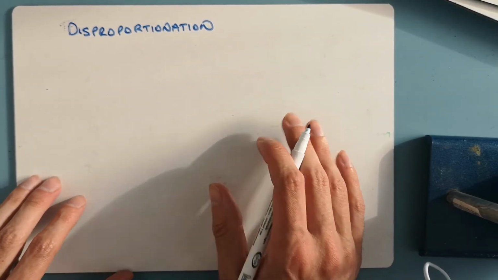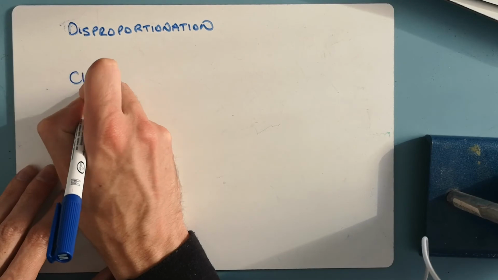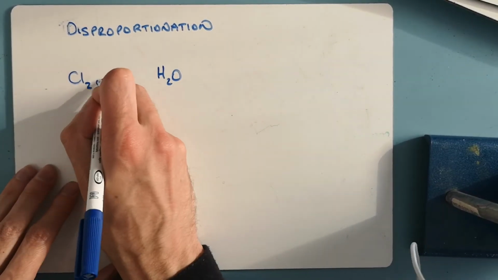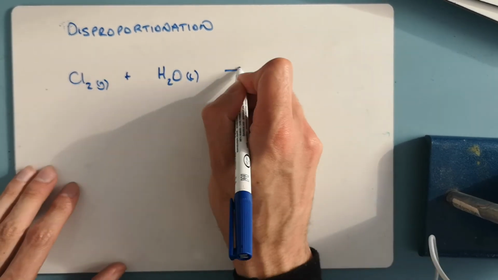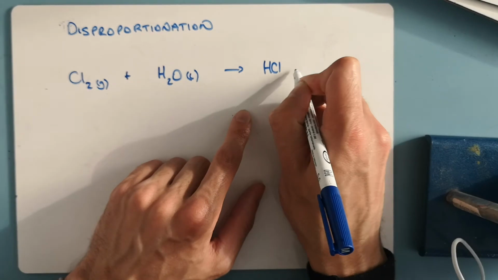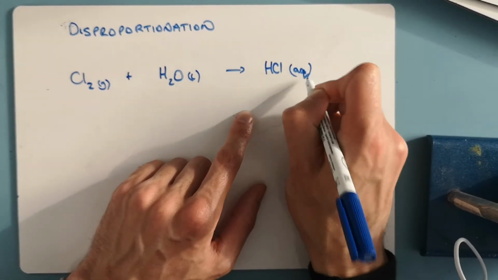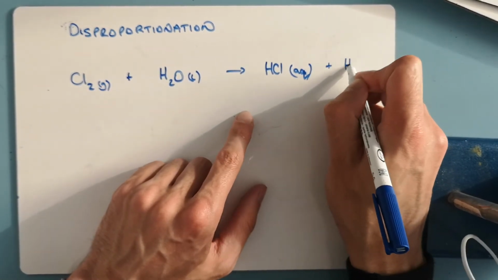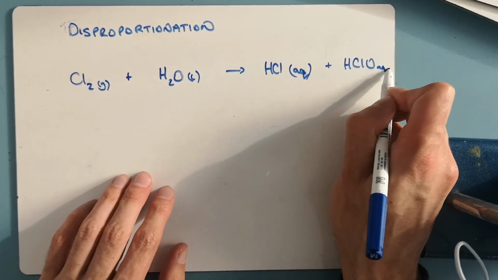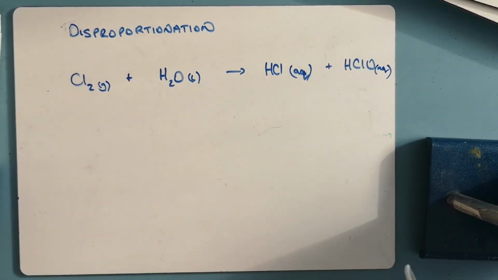And halogens do this, specifically chlorine, when it's added to water. So take chlorine gas, add it to water, we'll bubble it through, we get HCl aqueous produced, so hydrochloric acid, and HClO aqueous as well, hydrogen chlorate.